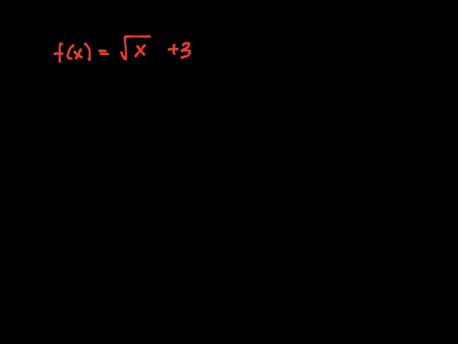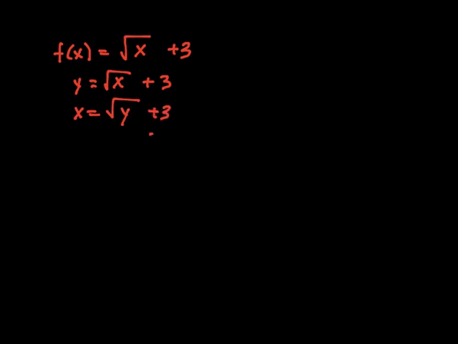So first I'm going to ask you to find, this is a radical function. This is a square root function. I'm going to ask you to find the inverse of this. And so we have to understand that f of x is synonymous with y. Okay, and then we have x equals the square root of y plus 3.